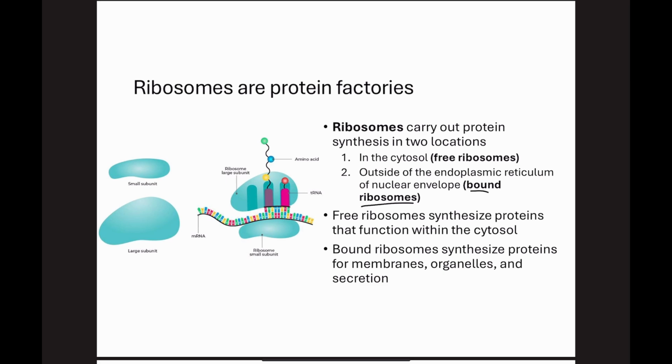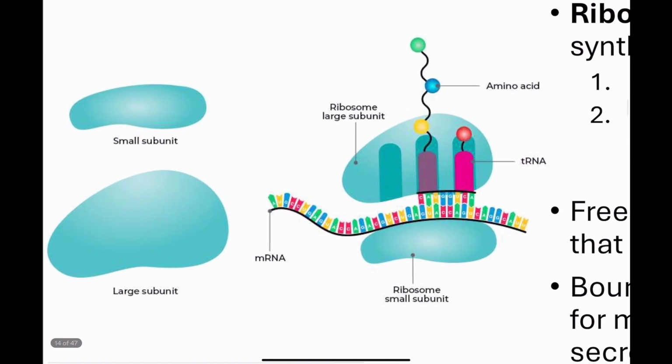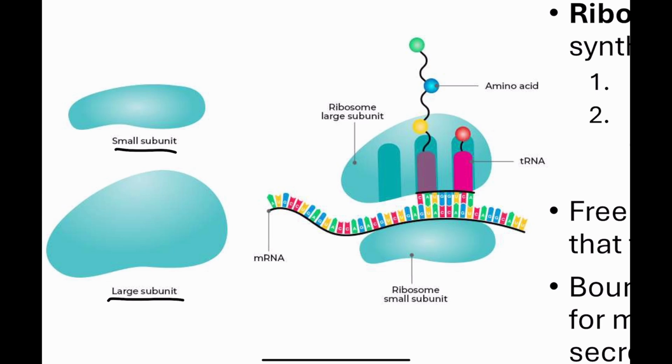So what happens when we look at the figure is that we see a small subunit of the ribosome and a large subunit of the ribosome. And they're going to come together, and mRNA, which is a single-stranded molecule, threads itself through this assembled ribosome. And when we're looking into the large ribosomal unit, we're going to find tRNA. And tRNA stands for transfer RNA.